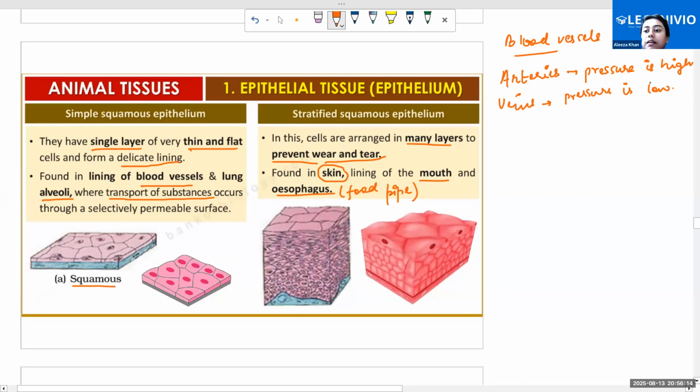We know arteries carry oxygenated and veins carry deoxygenated blood, but the exception is that the pulmonary artery carries deoxygenated blood and the pulmonary vein carries oxygenated blood. Please write this somewhere.